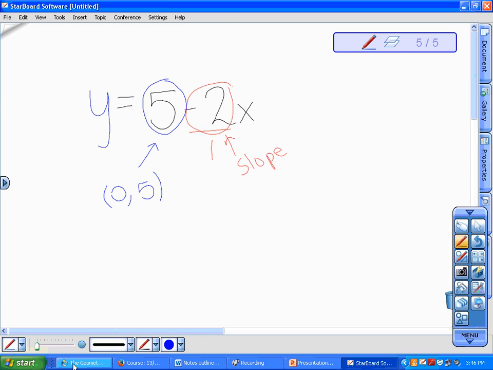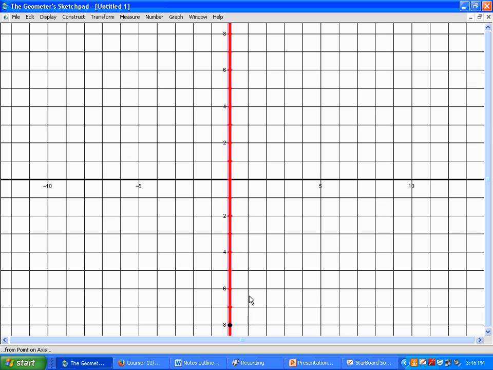Converting that to a graph, I am going to place my first dot at (0, 5), my y-intercept, and then I'm going to follow my slope. Rise -2, run 1. The 1 that we added to the equation is not negative. Therefore, when I am finished graphing my linear equation, it should be headed downhill because the slope is negative.